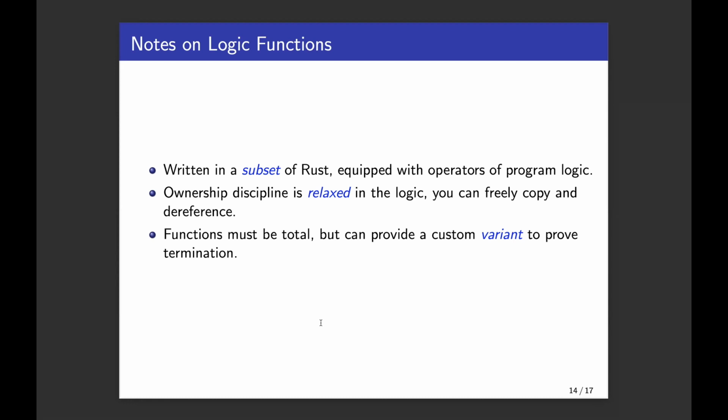These aren't really corresponding to machine resources anymore, and we may actually want to refer to a certain value more than once in a specification. But we also have to impose a few additional guarantees, notably that our functions must be total, they must be pure. And to help you prove that your functions terminate, you can use a variant annotation and help Why3 along with that, though often it's able to infer termination of your functions on its own.